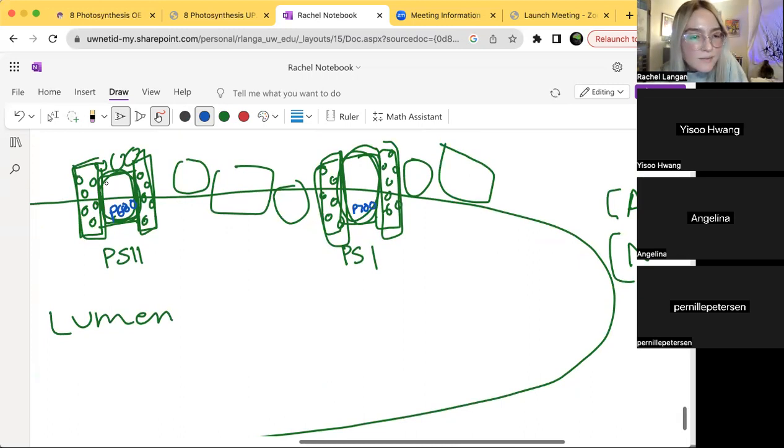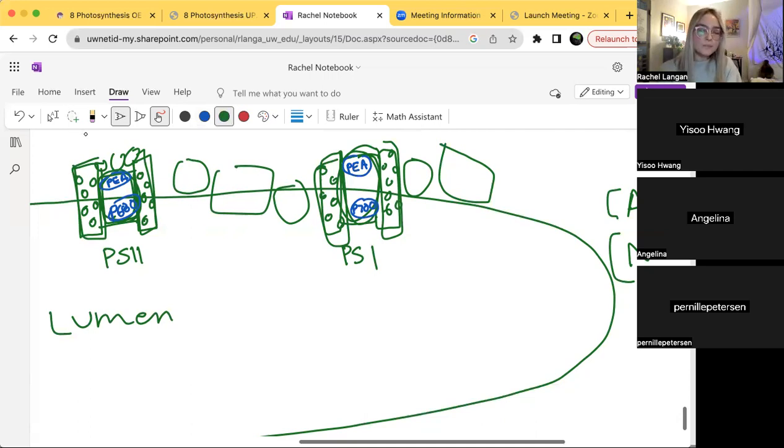We also have something called a primary electron acceptor. So the blue is the reaction center, and the green with all the dots is the light harvesting complex. I'm saying it a lot because it is actually important that you know the difference between those two.